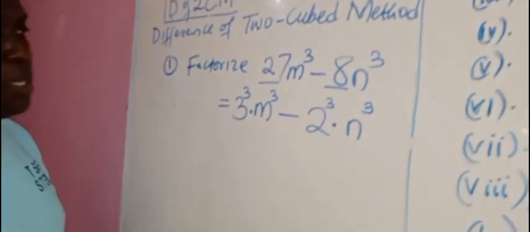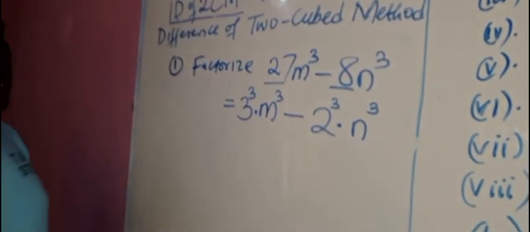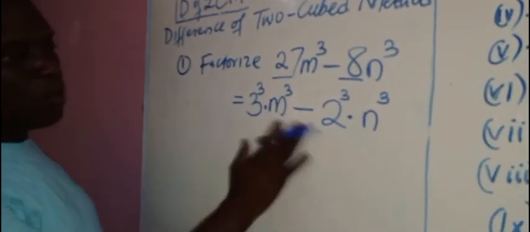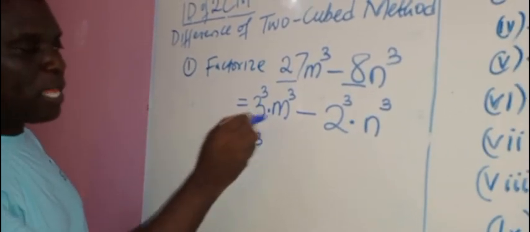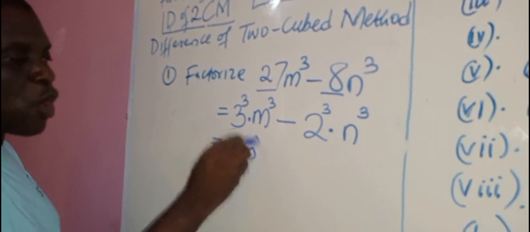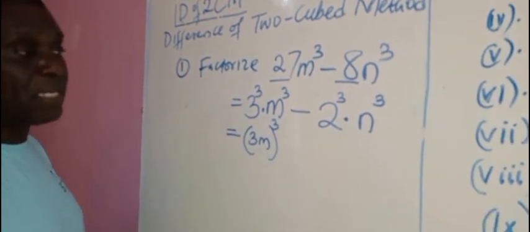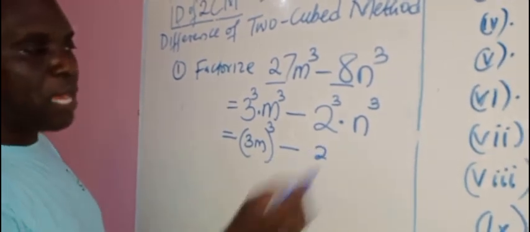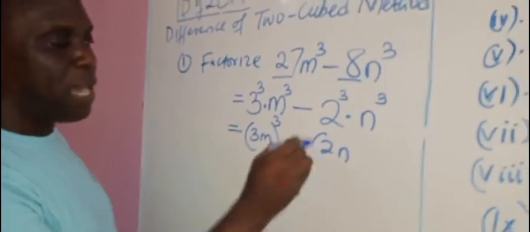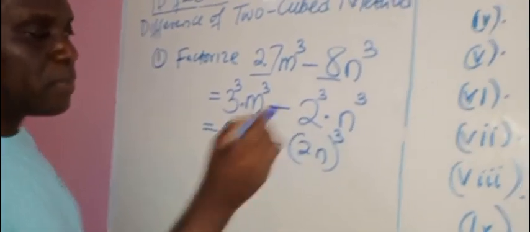Now, look here. If you look at this, I can pick 1 three and 1 m so that they have a common exponent. You already understand that. Minus, I can pick 1 two and 1 n so that they have a common exponent, 3.